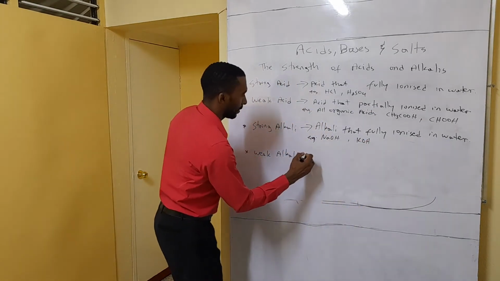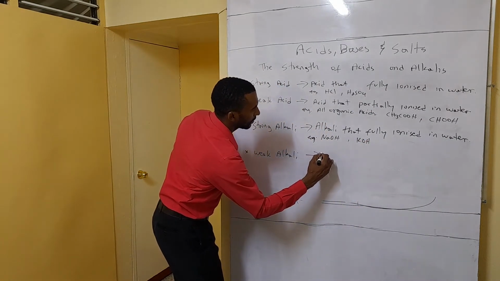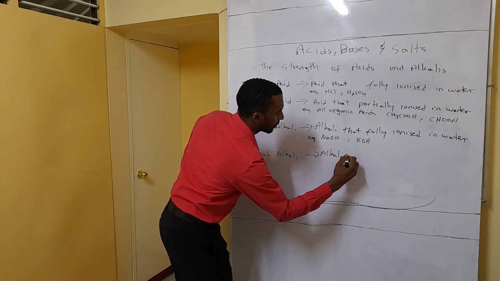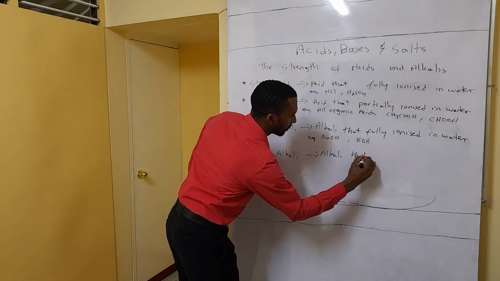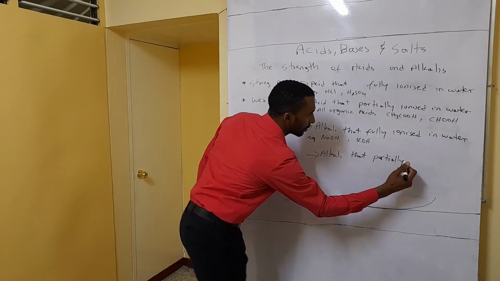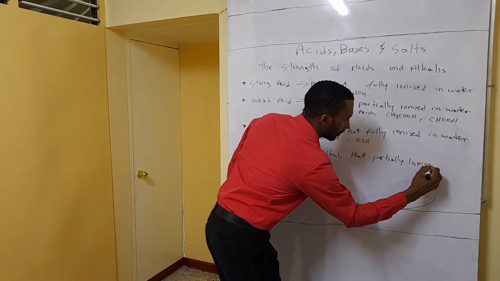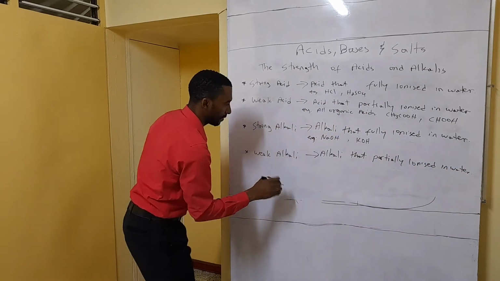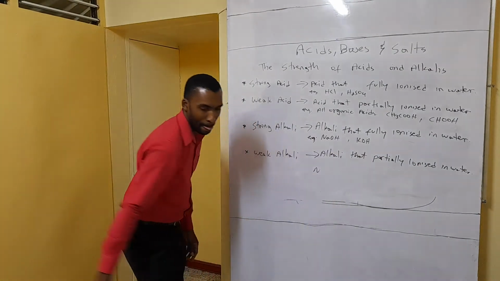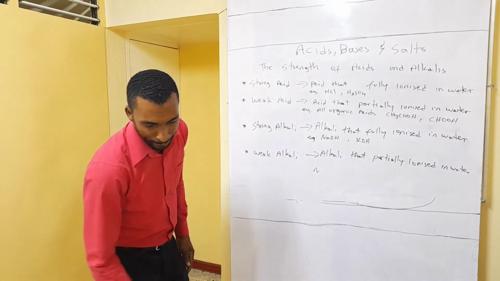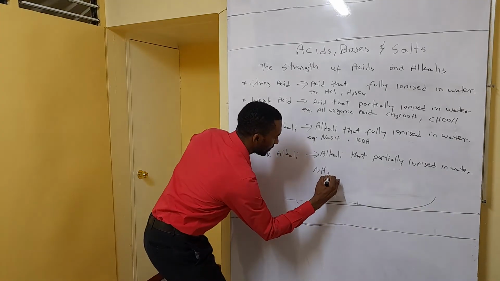Alright? Weak alkali ionizes partially. Right, and the example of this is ammonia, NH3.